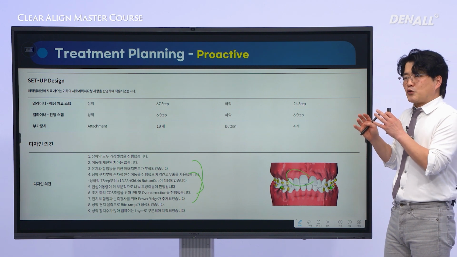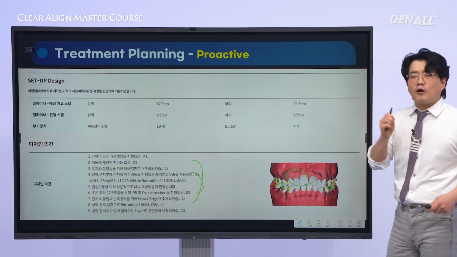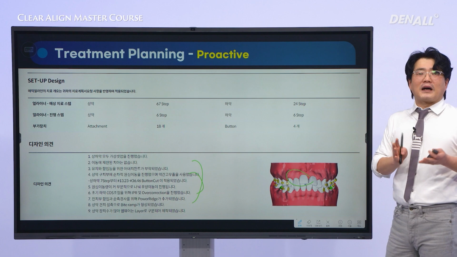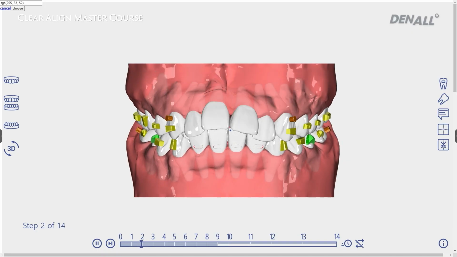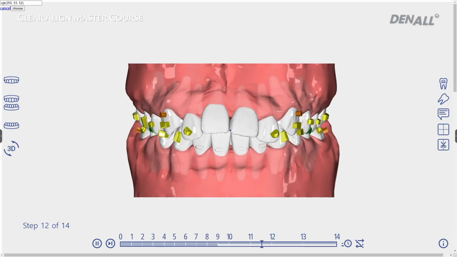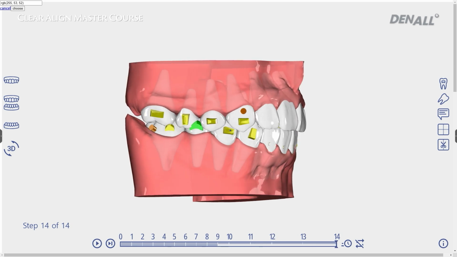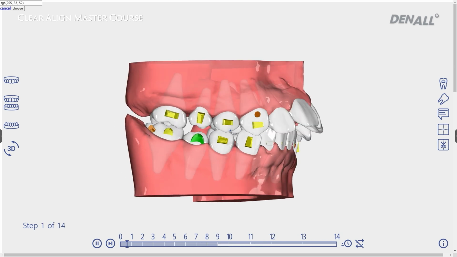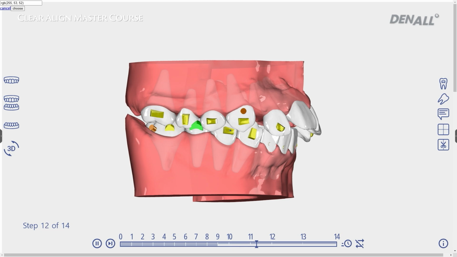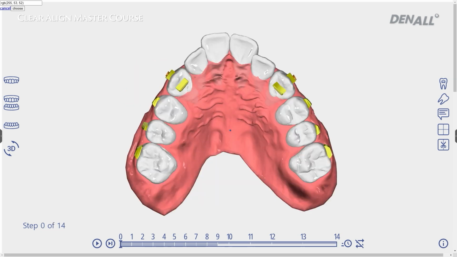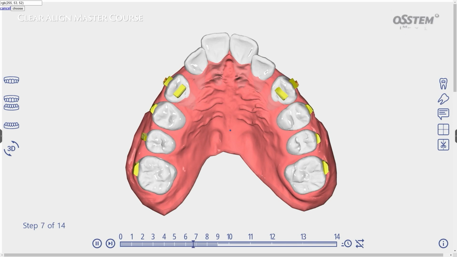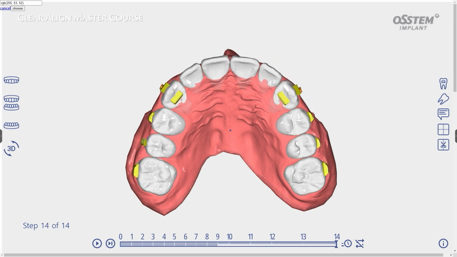The final occlusion is set from the beginning through a treatment setup. We assess whether the planned tooth movement is feasible from the front and from the side. We check if the transition from the original state to the setup is realistic. In this way, you proactively establish a treatment plan, verifying whether the movements are achievable.